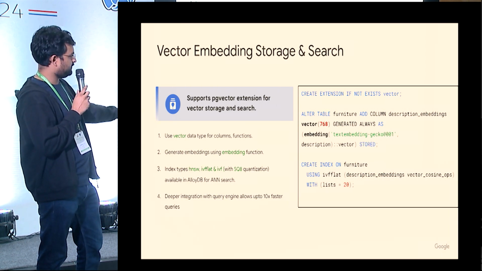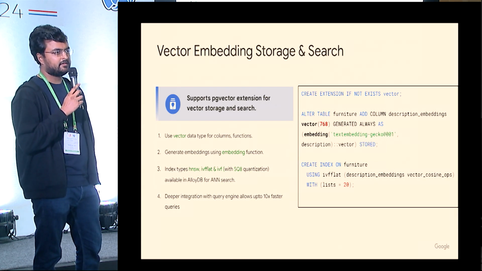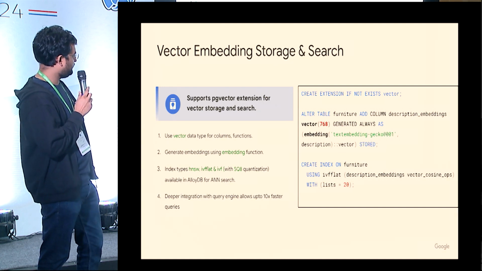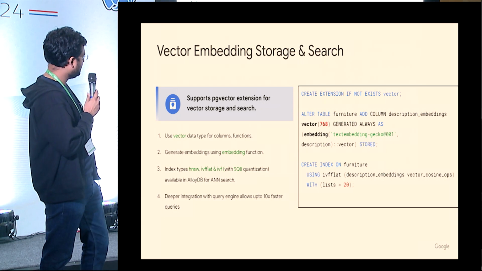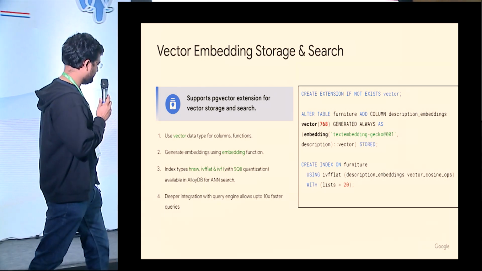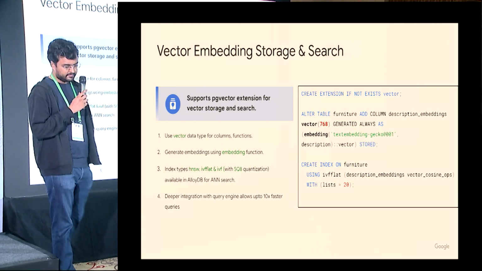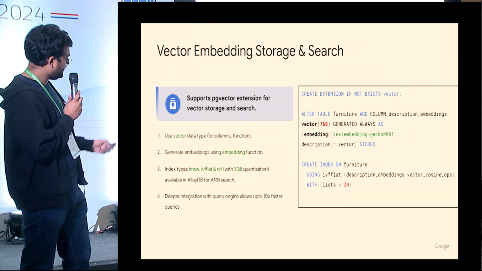These are based on benchmarks that exist. There are multiple publicly available benchmarks, ANN and big ANN, and we see up to 10x faster vector search queries on those benchmarks.